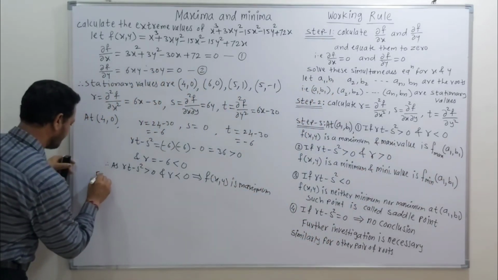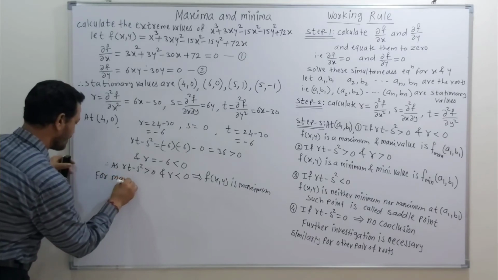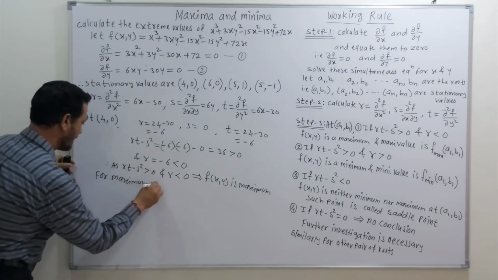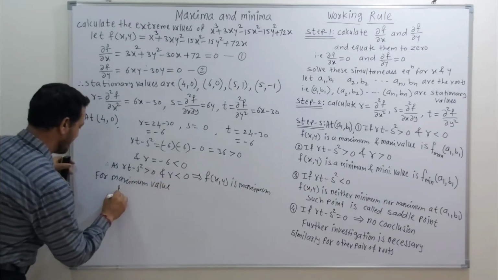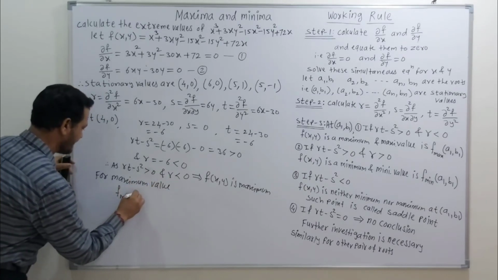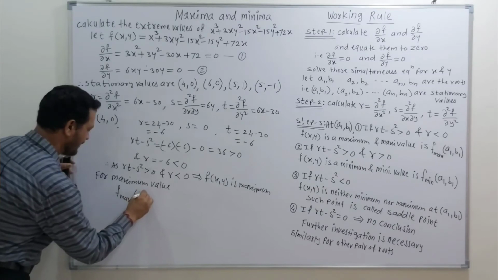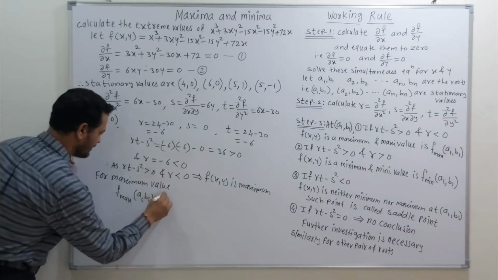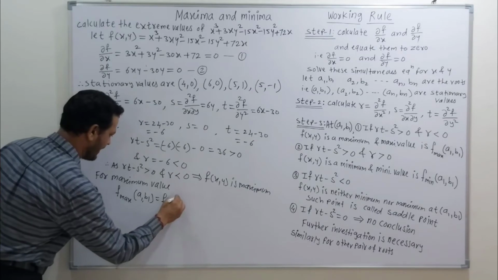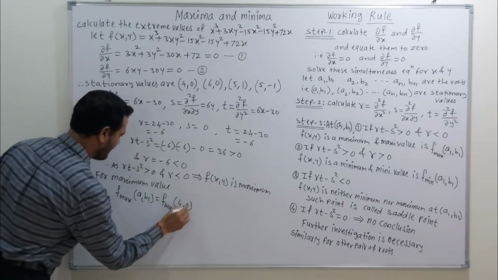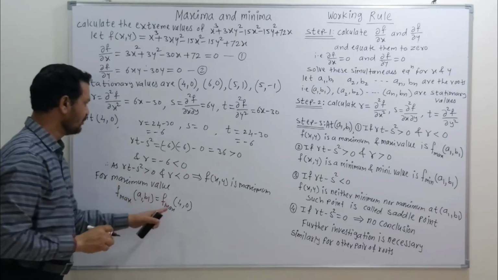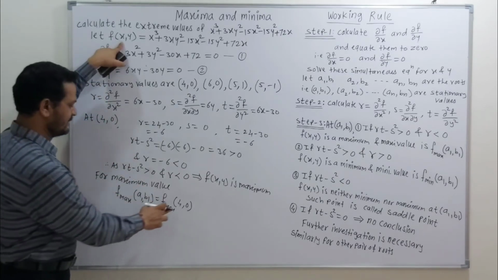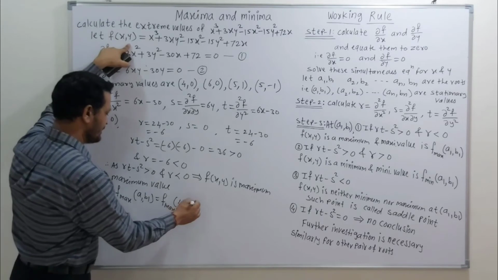So for the maximum value, we can write this as f max of a1 b1. The value of a1 is 4 and b1 is 0. That means put in the original equation x is equal to 4 and y is equal to 0.